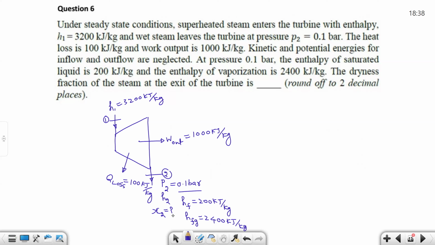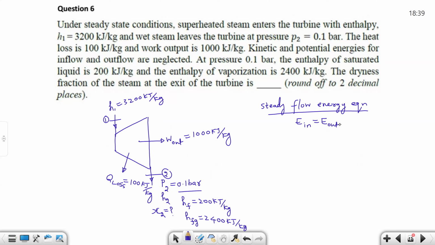Now we apply the steady flow energy equation: energy in equals energy out.